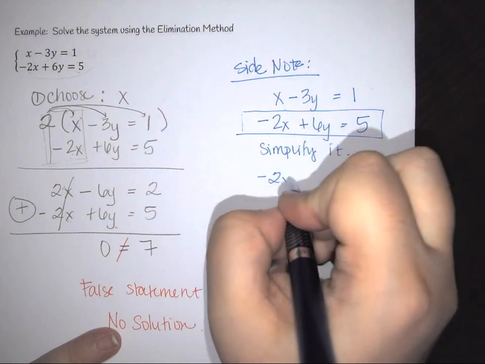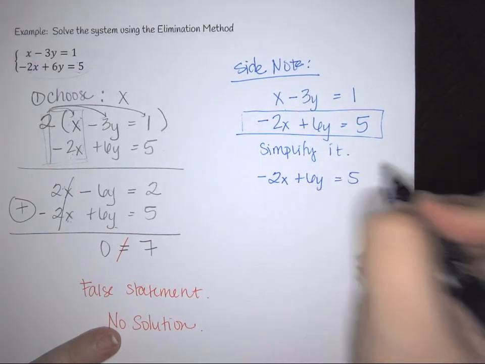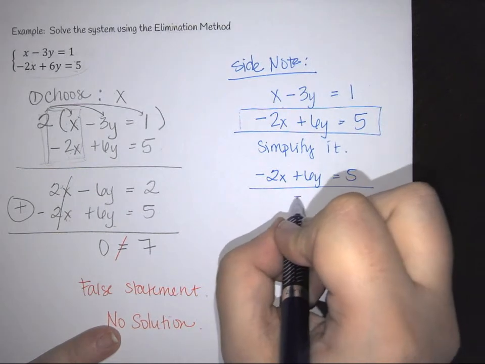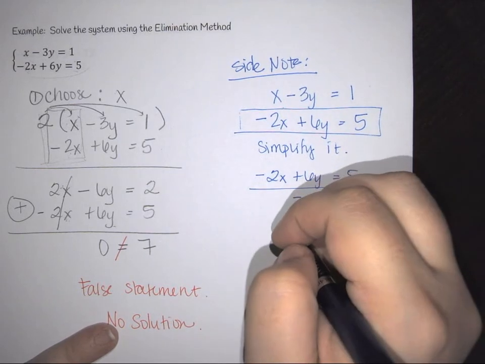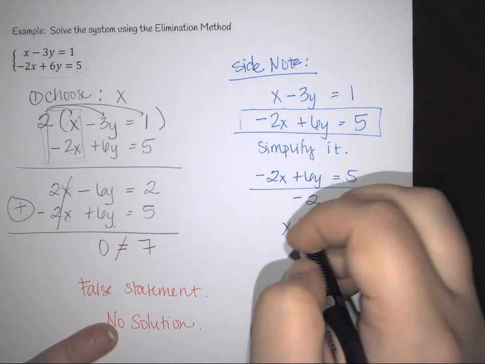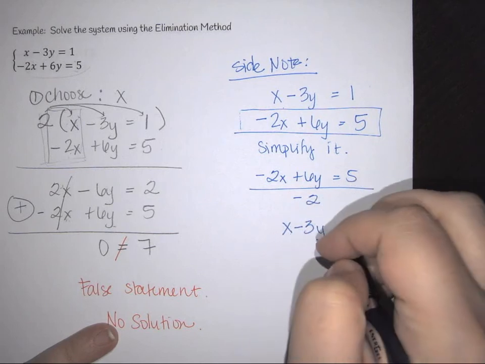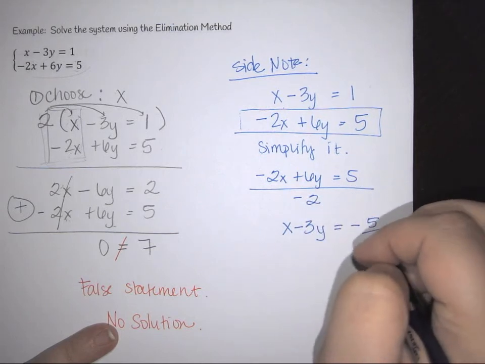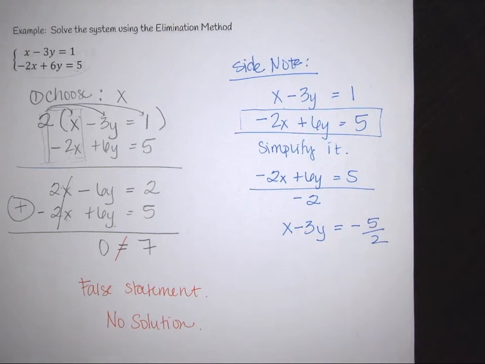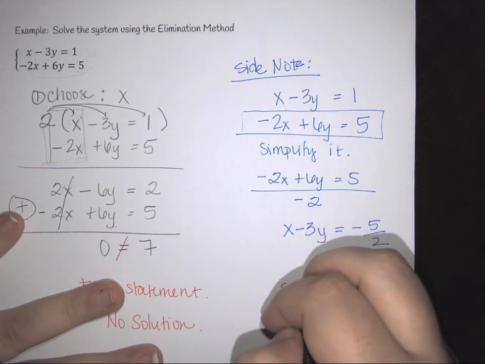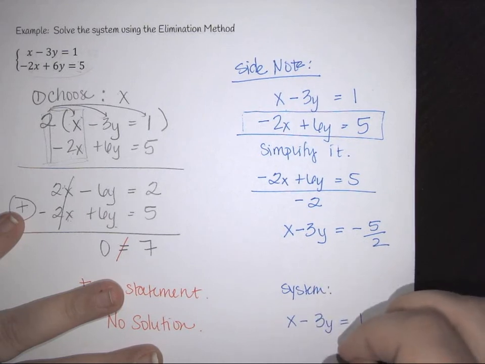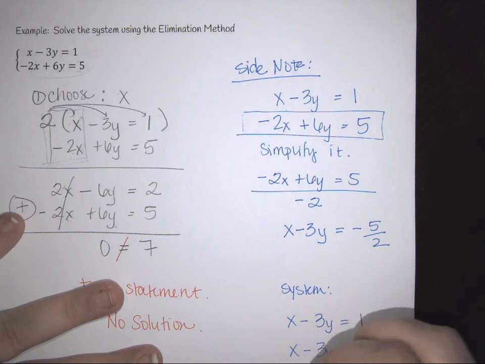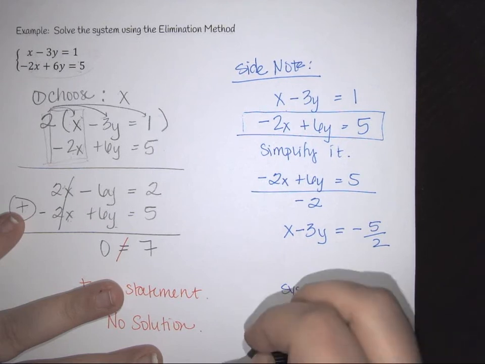If I divide everything by negative 2, then negative 2 over negative 2 leaves me with x. 6 divided by negative 2 is negative 3y. And then this is going to be negative 5 halves. So just by simplifying the equation, if I put them back together, my system now looks like x minus 3y equals 1 and x minus 3y equals negative 5 halves.